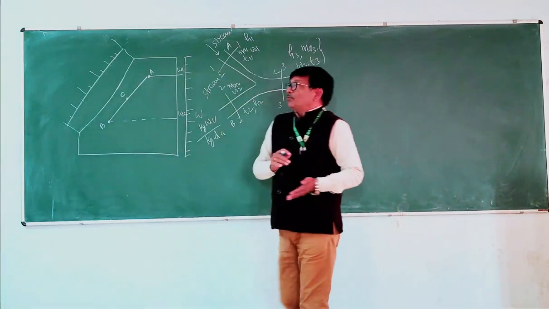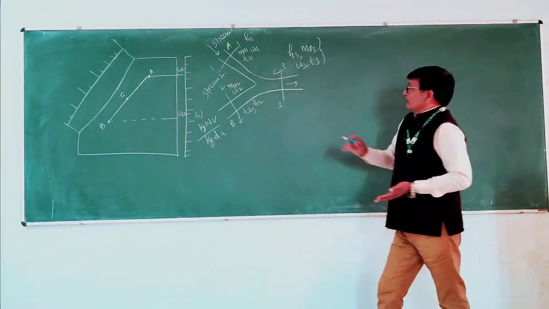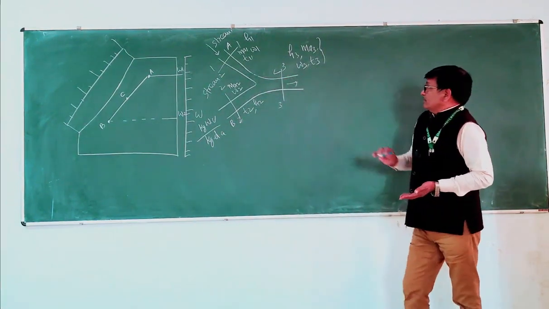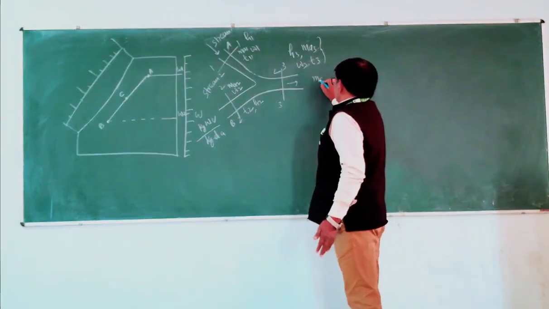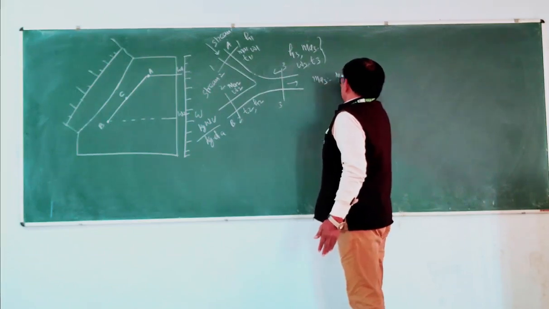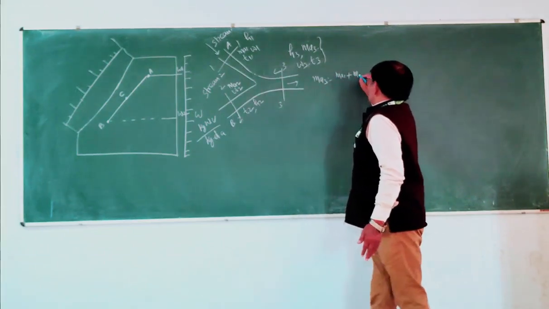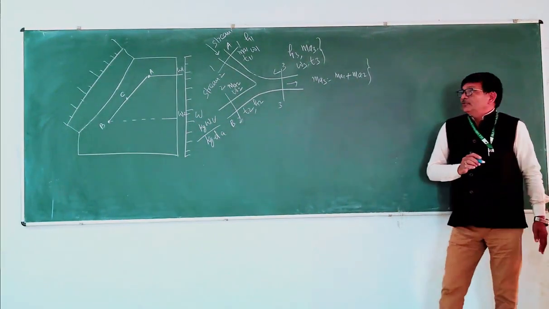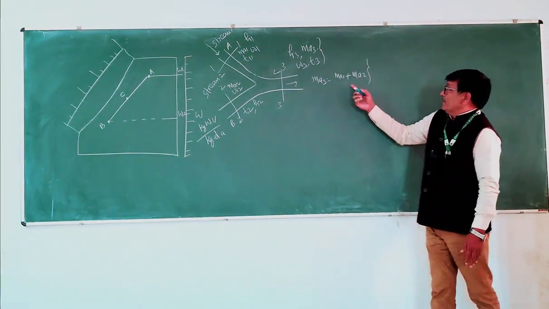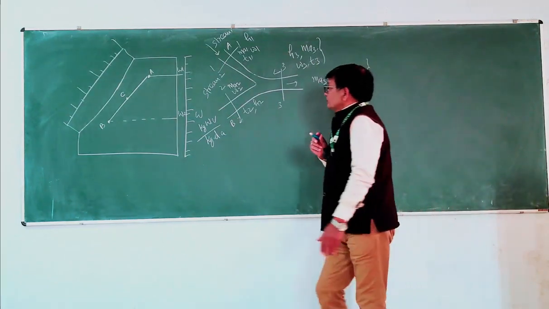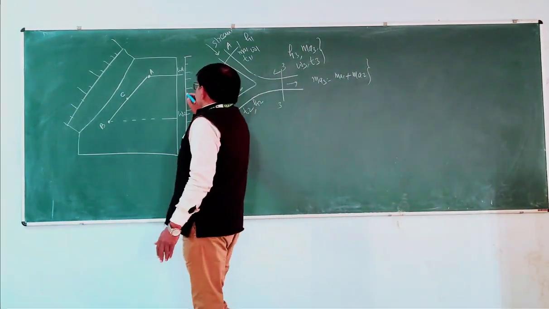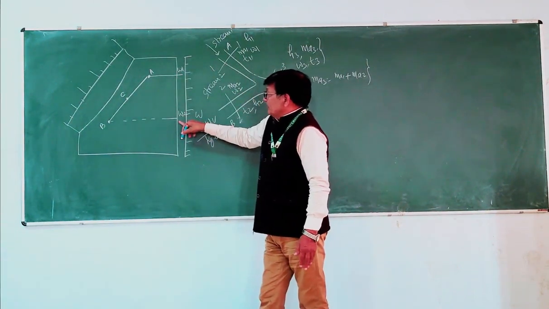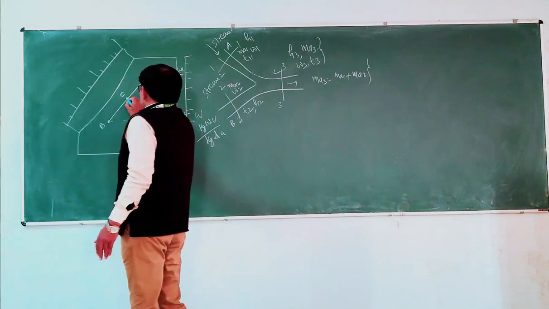After mixing two streams, one from A and one from B, the total mass will be equal to MA3 equal to MA1 plus MA2, because this is the general mass conservation formula. Omega 1 is the initial specific humidity, omega 2 is the final specific humidity, and omega 3 is the value after reaching here.